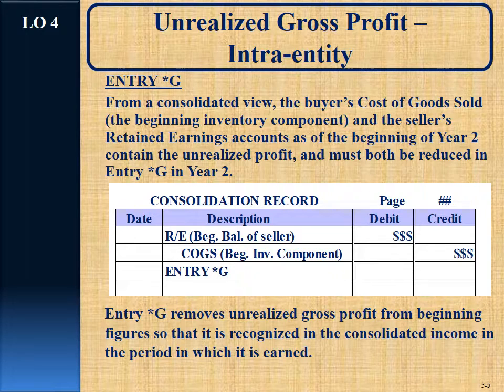Assume further that by year end, Zircon has resold 60,000 of these goods to unrelated parties, but retains the other $20,000. From the viewpoint of the consolidated company, it has now earned the profit on only 60,000 of the 80,000 original sale. So, go to the next paragraph. Any gross profit recorded in connection with the 20,000 in merchandise that still remains is still a component within Zircon's inventory account.